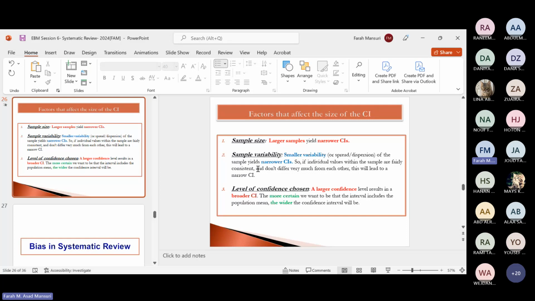And if we reduce the variability in the sample, that will again narrow the confidence interval. A large confidence interval is the broader one, but it can still have the true mean if the null values are not included in it.